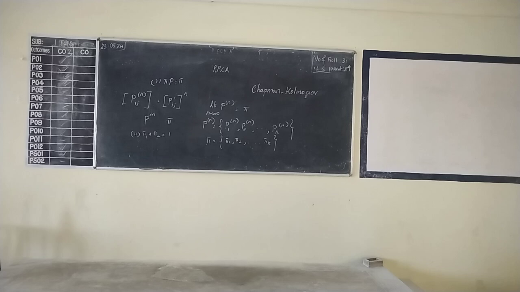For what type of problems are you supposed to find the pi value? I will give you the rules. When these kinds of question statements come, you can go for this concept.